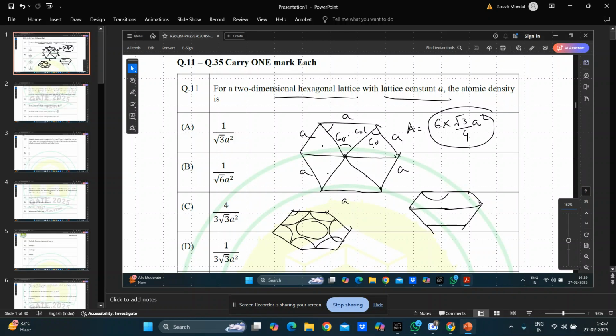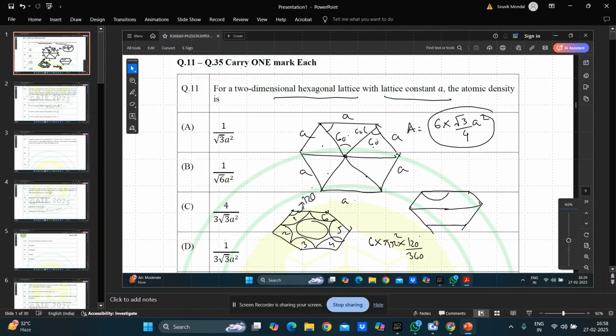Now this angle is 120 degrees, right? So how many are like this? One, two, three, four, five, six. So six atoms contribute 120 degrees each: six atoms into pi r square into 120 by 360, right?